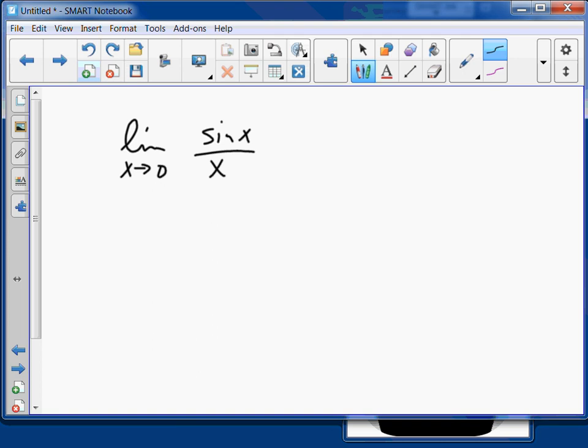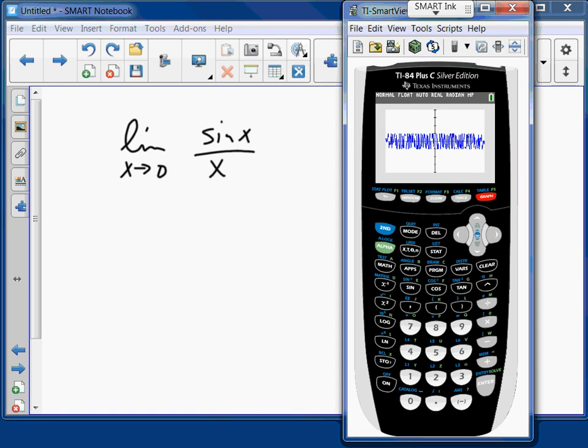Now, there's no factoring, there's no algebraic anything that we can do to that problem. So we're actually going to look at this problem using a calculator. We enter y equals sine of x divided by x.